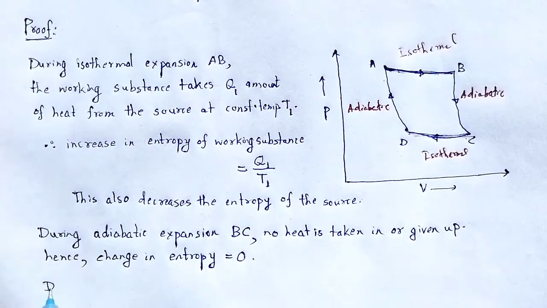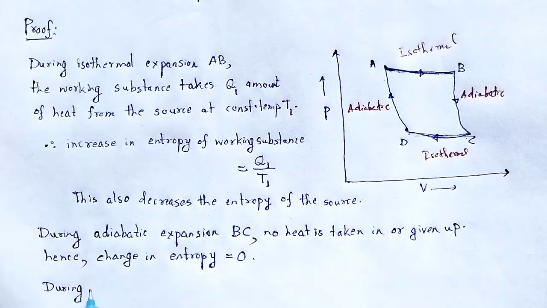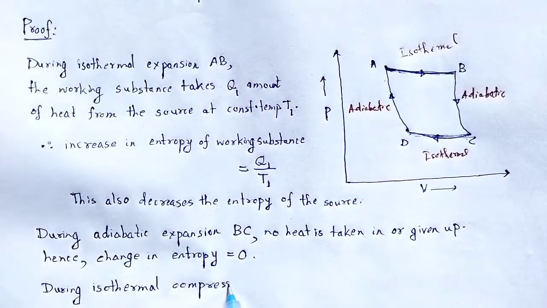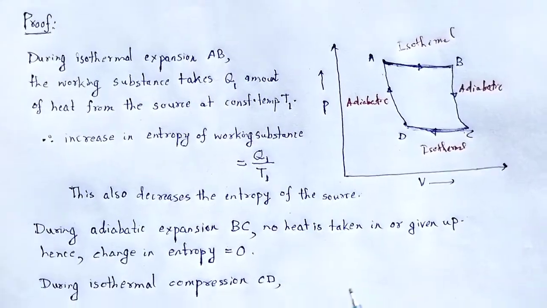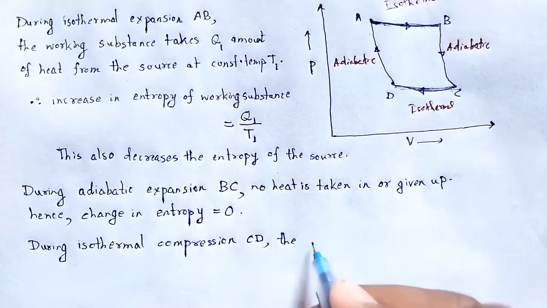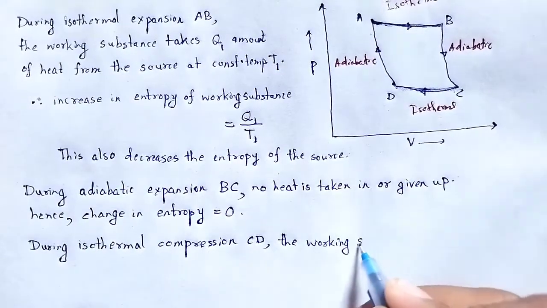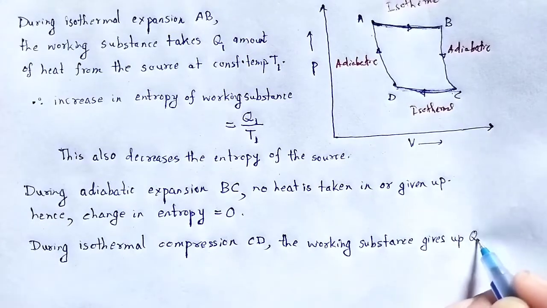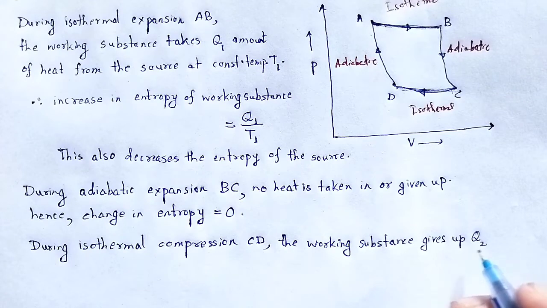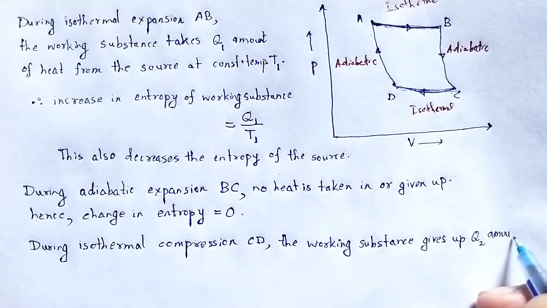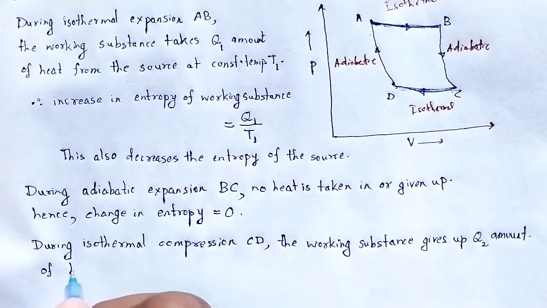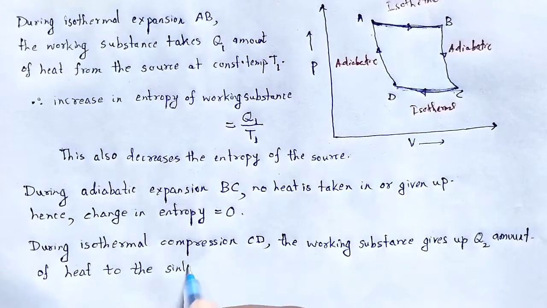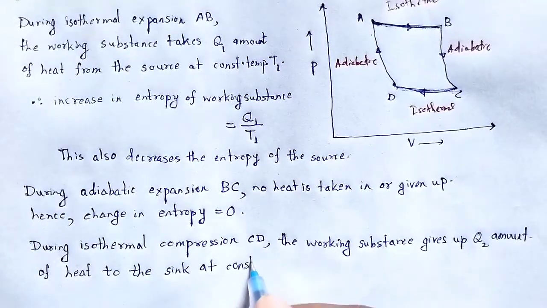During isothermal compression CD, the working substance gives off Q2 amount of heat to the sink at constant temperature T2.